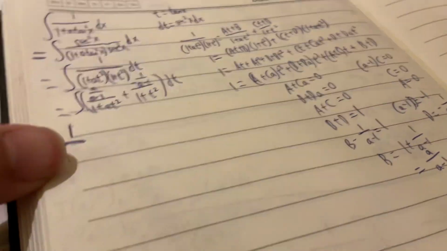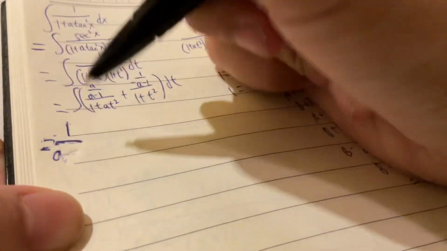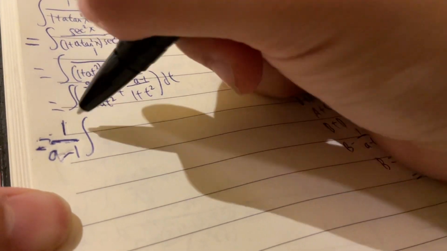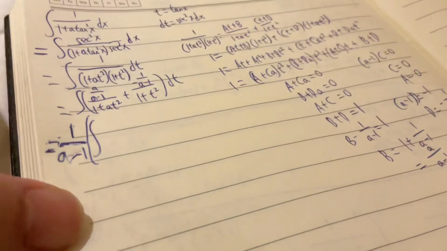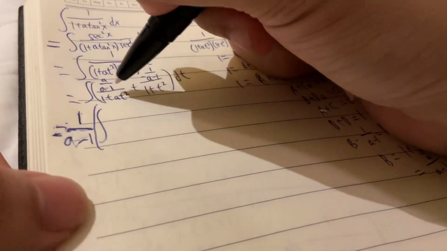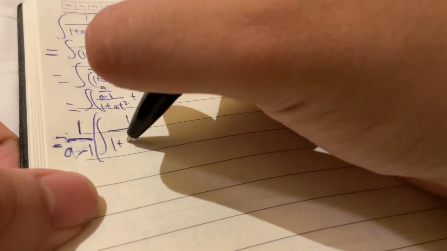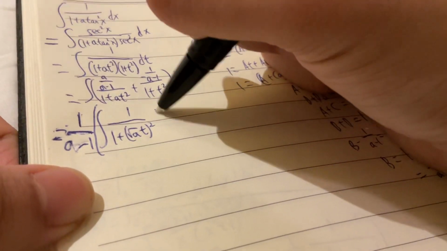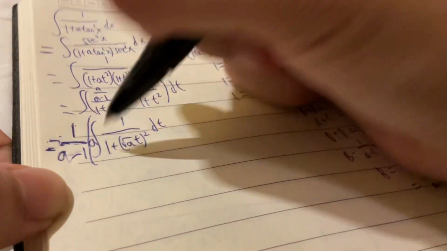1 over a, this is kind of annoying. 1 over a minus 1 multiplied by, let me just put an a here. We're going to do the integral of 1 over 1 plus, I would like to write it as square root of a times t, and then square that, dt, and then put the a outside, right?